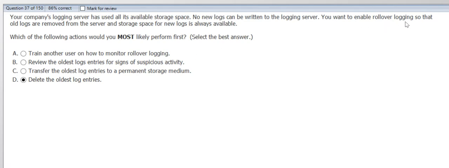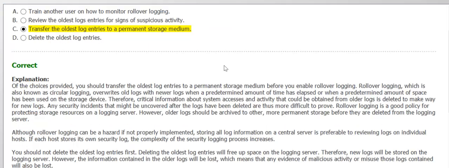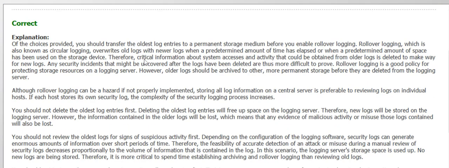So we want to enable rollover logging so that old logs are removed from the server. Ideally you should not delete, we should transfer to a permanent storage medium. Let's see the answer. Yes. Of the choices provided, you should transfer the oldest logs to a permanent storage medium before you enable rollover logging, also called circular logging, which overwrites old log files with new logs.